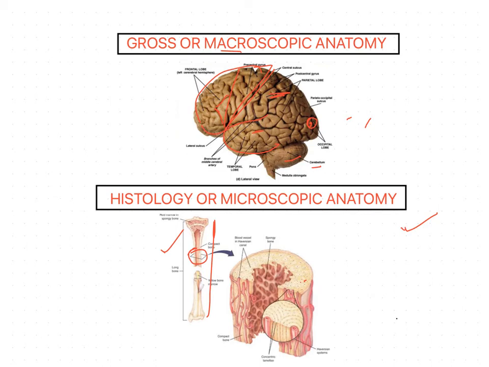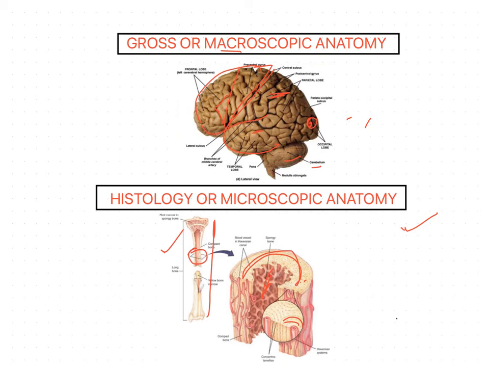Here you can find the spongy bone at the center, and in the periphery the compact bone. All these things we will study in detail in osteology. These structures are called Haversian canals. We can see them only under a microscope, not with our naked eye. That is the thing I want to show you.